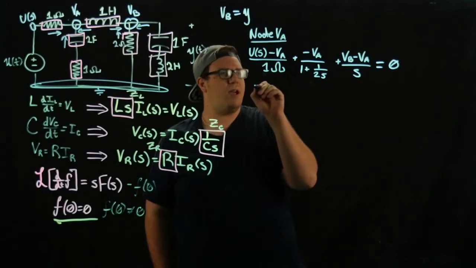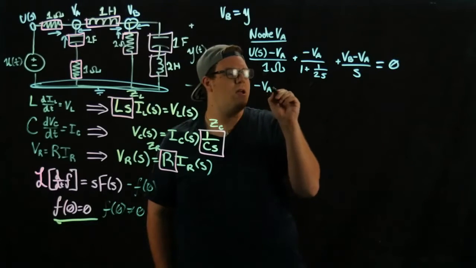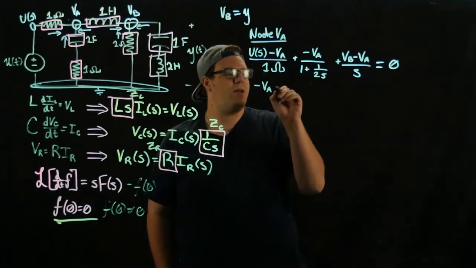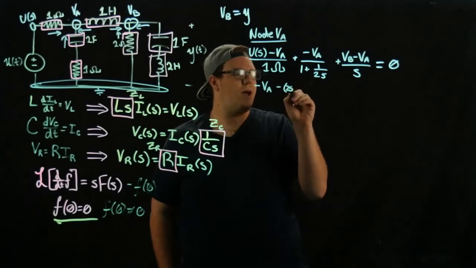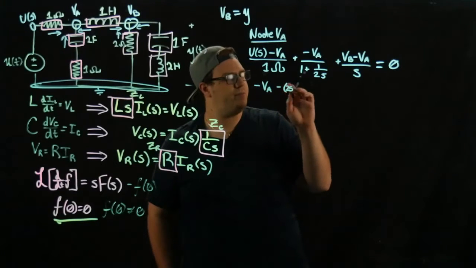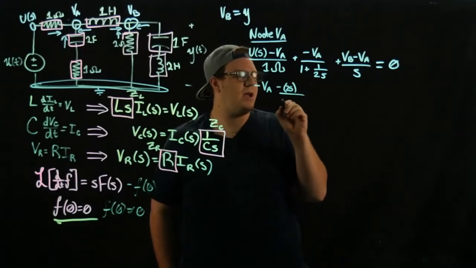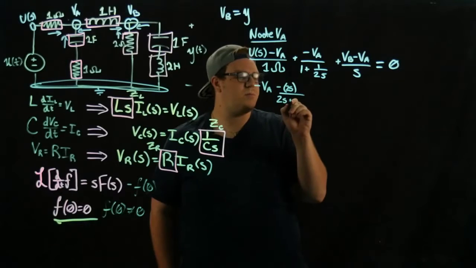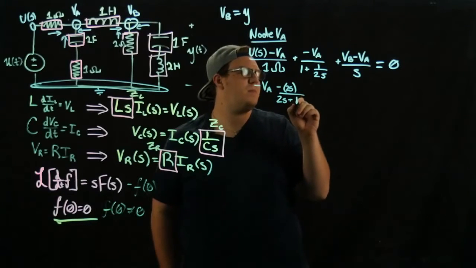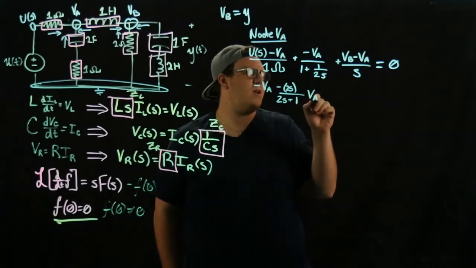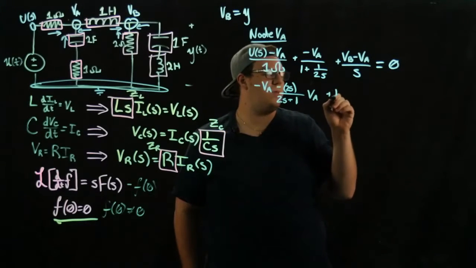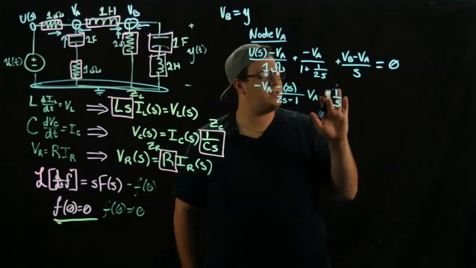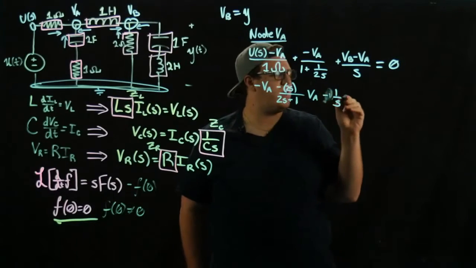So we have a minus VA, and then we have a minus 2s divided by 2s plus 1 VA, and then we have a plus 1 over s, minus a 1 over s VA.